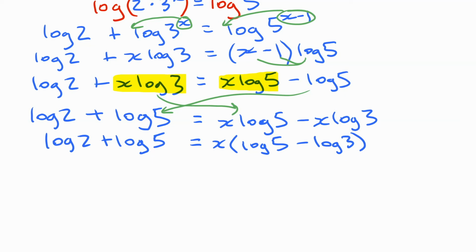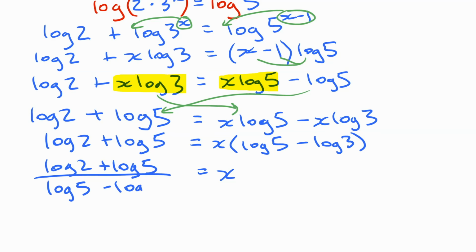So x is equal to log 2 plus log 5, divided by log 5 minus log 3. Now again, we could simplify that down if we wanted to. You could make the top log of 10, and you can make the bottom log of 5 divided by 3, and then punch that in the calculator, but we'll go and do it the way that it's written there right now.